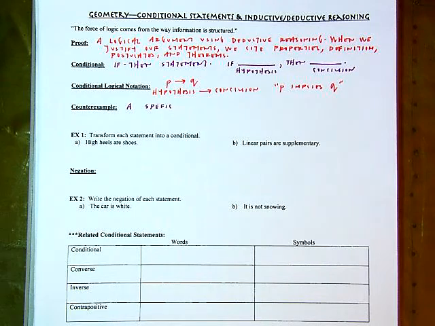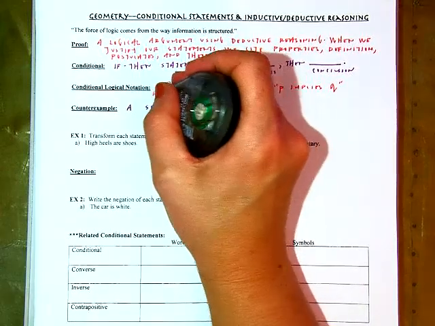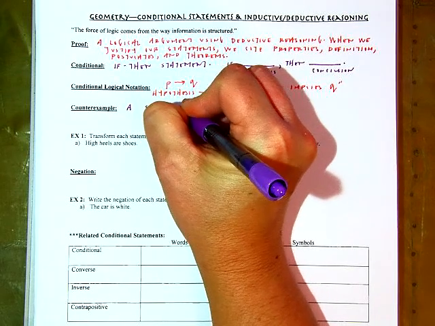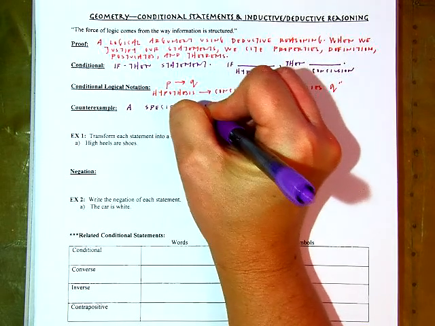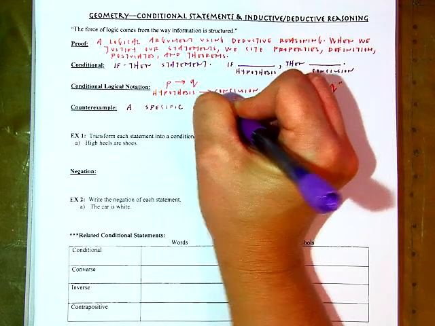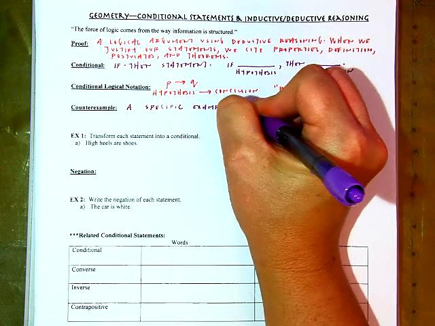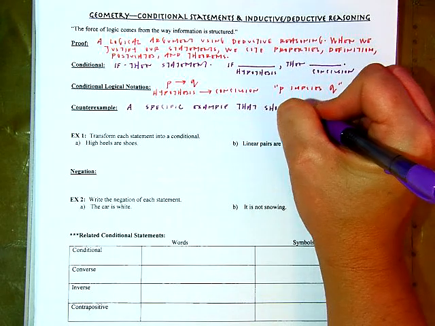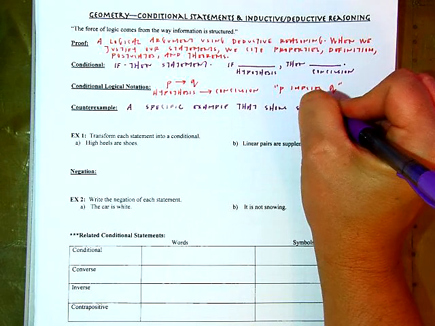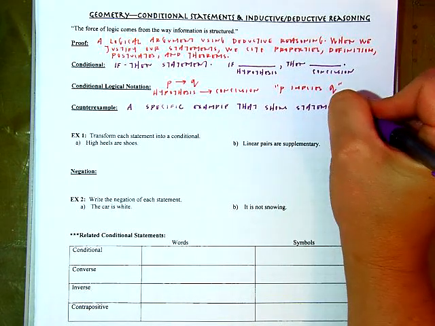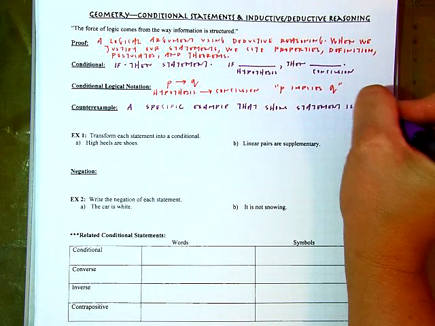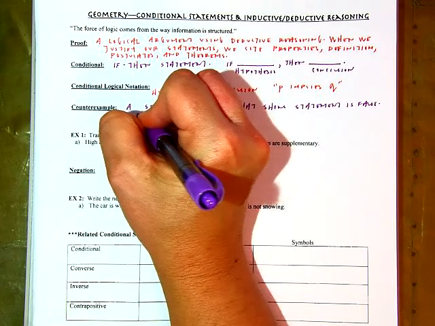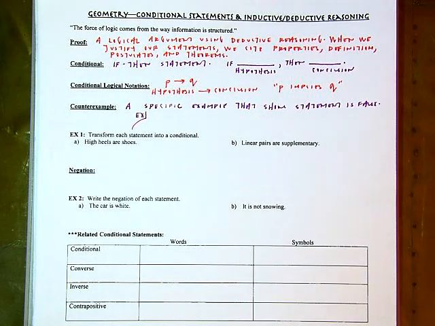So a specific example that shows a statement is false. So let me give you an example. Let's say something like all apples are green.